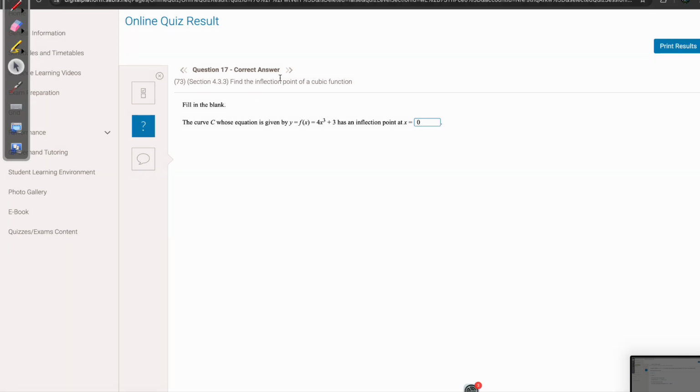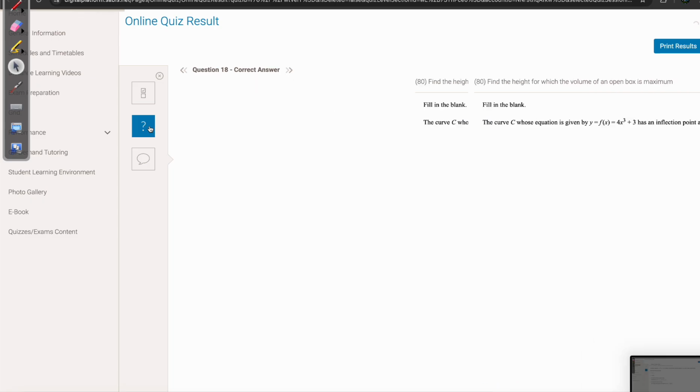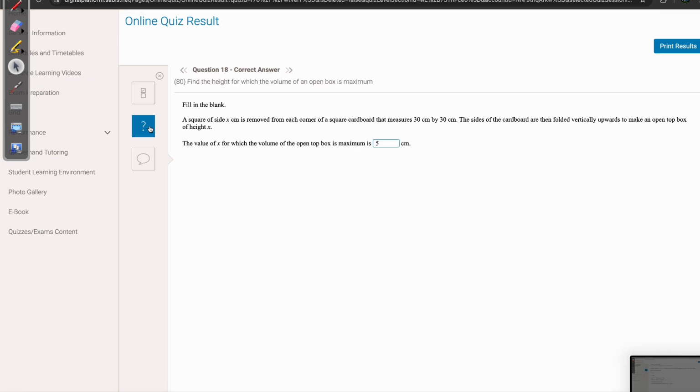Now for number 18, square of side x centimeter is removed, oh my gosh, is removed from each corner of a square, measures 30 centimeter by 30 centimeter, the sides, okay.